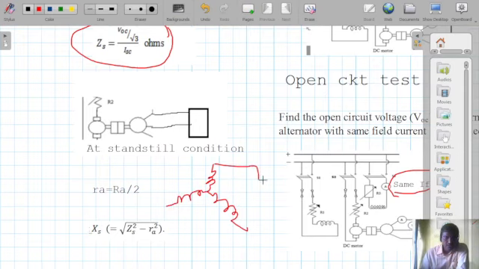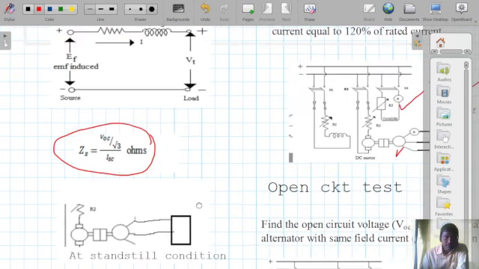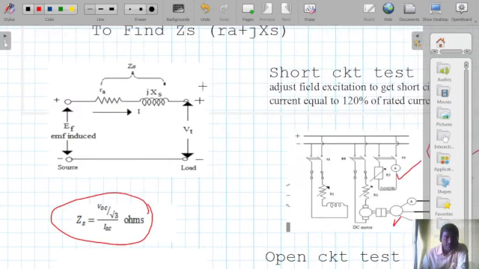So when I am connecting a multimeter, the reading becomes double of this. So the armature resistance will be just half of the reading, and from here we get the imaginary part of the impedance, that is XS, which is equal to root over of ZS square minus R square. So ultimately we are getting this parameter. Okay, it is required to find out the machine angle.